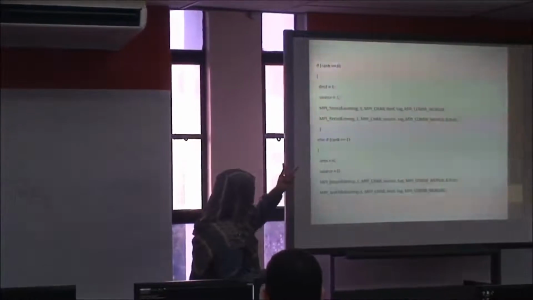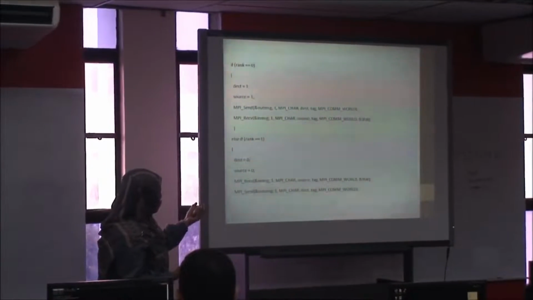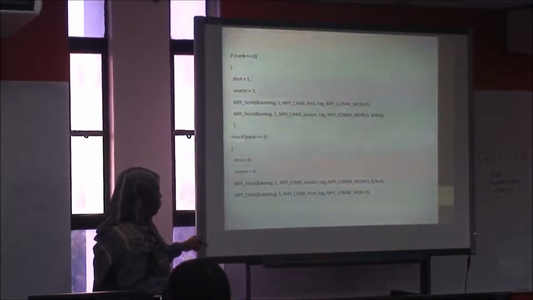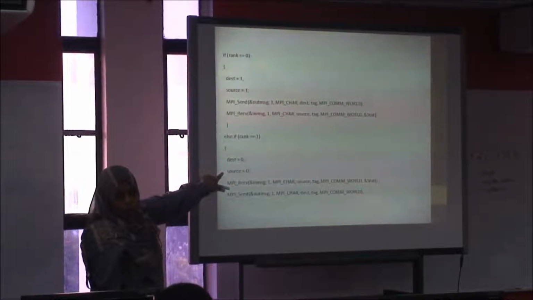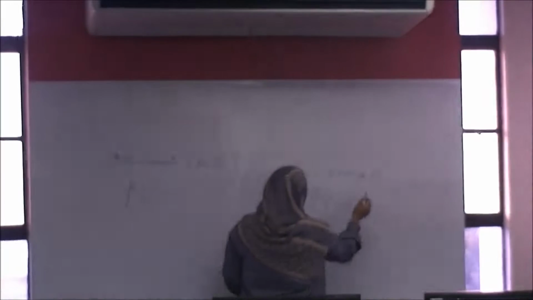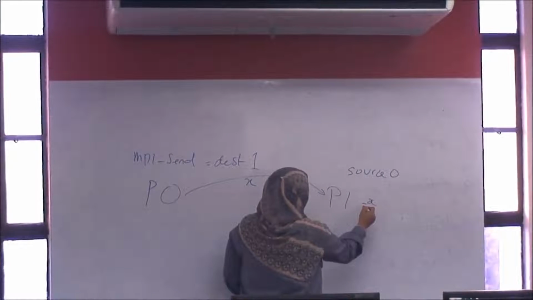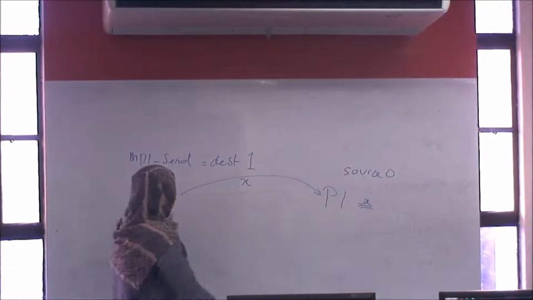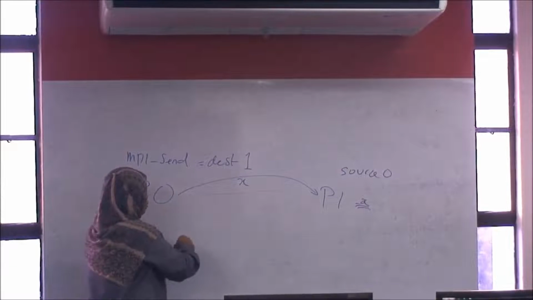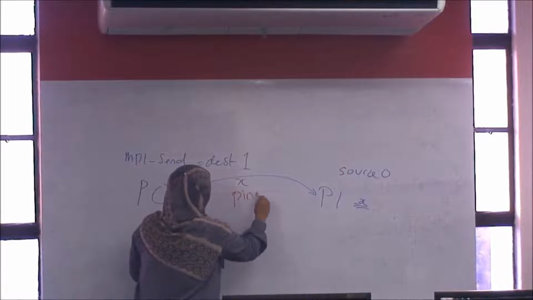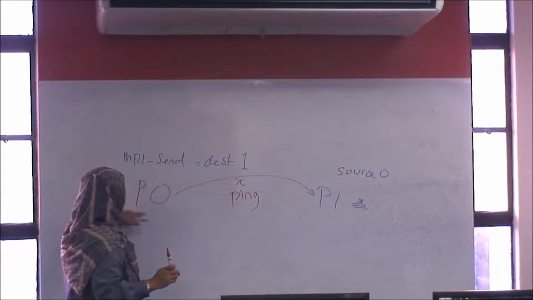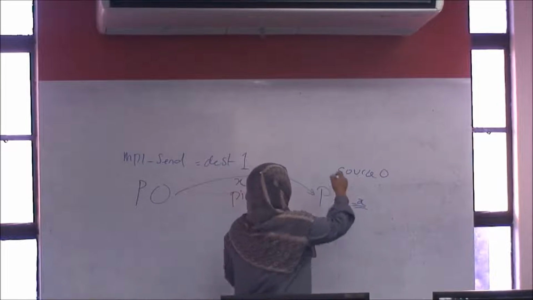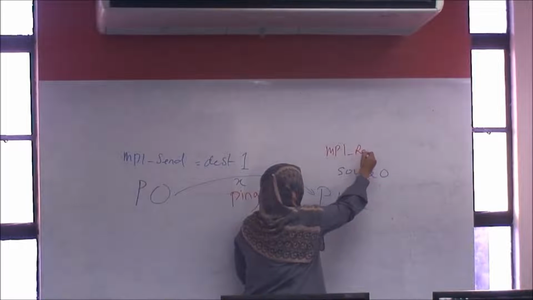The in message is also X, that is the message that is going to be received. MPI char is the same, and the only difference is the source. The source is 0. So then it will receive the X here. So what happened here is only ping: 0 sends to 1, MPI send from 0, MPI receive from 1.